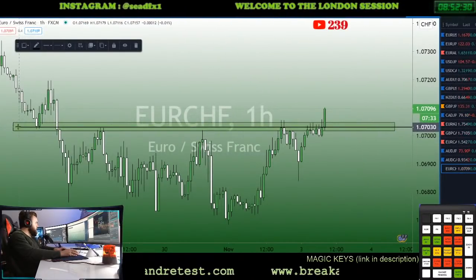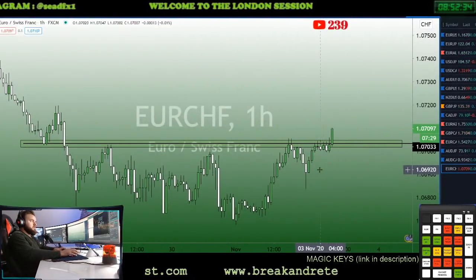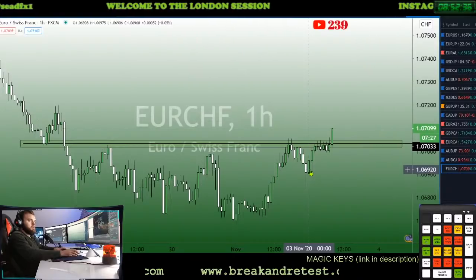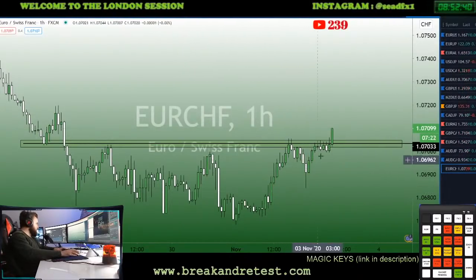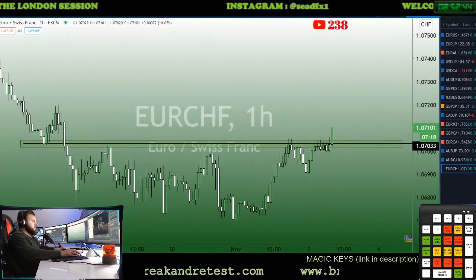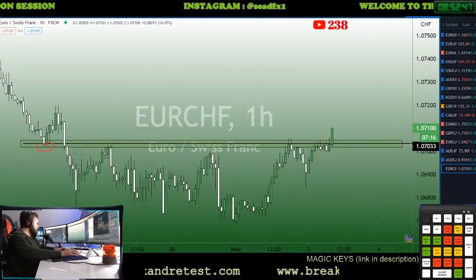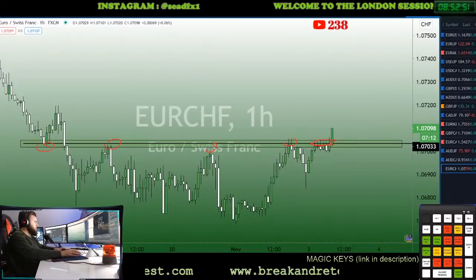Wait for the retest because this looks just like the setup that we had yesterday on CAD JPY. So this is gonna be great. Just wait for a breakout, and it looks like it's gonna break from what I see right now. We have plenty of rejection.